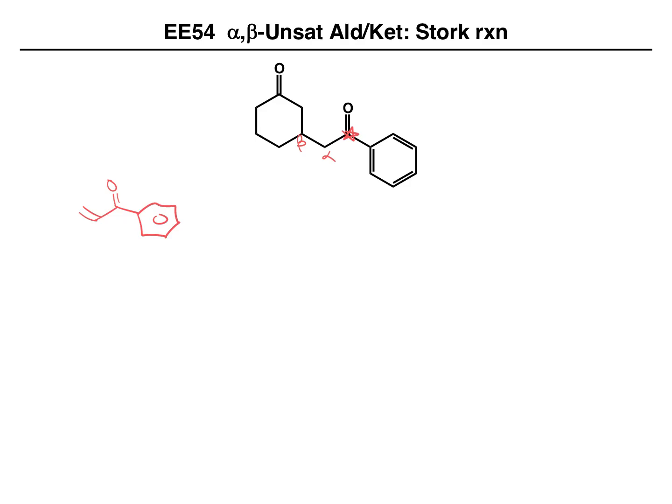Instead, what if we focus on this one, and now this is the alpha position, this is the beta position. That would mean that this would be our alpha beta unsaturated ketone, and then this would be our nucleophile.